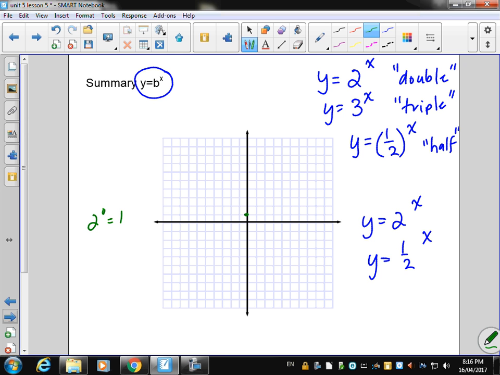And as you travel to the right and x gets bigger and bigger, things are going to double. So from 1 we double to 2, and 2 we double to 4, and 4 we double to 8, and so on. And you've seen that in a table of values.